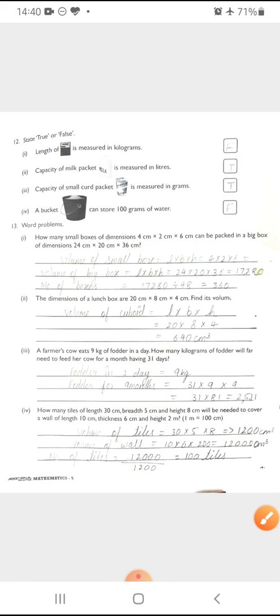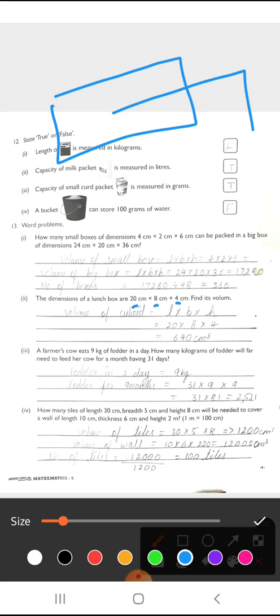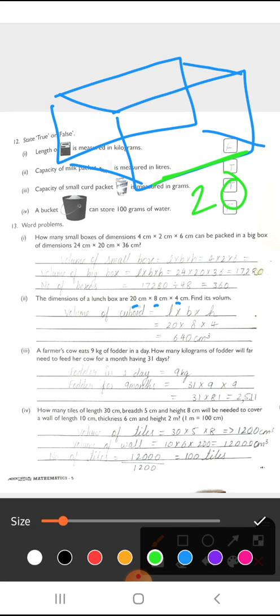Now question number 2. The dimensions of a lunch box are 20, 8 and 4. So this is a lunch box and the dimensions are given, length, breadth and height, three things are given. So we can see from here, length is given 20, breadth of the box, this side, is given 8 centimeter and this height is given 4 centimeter.